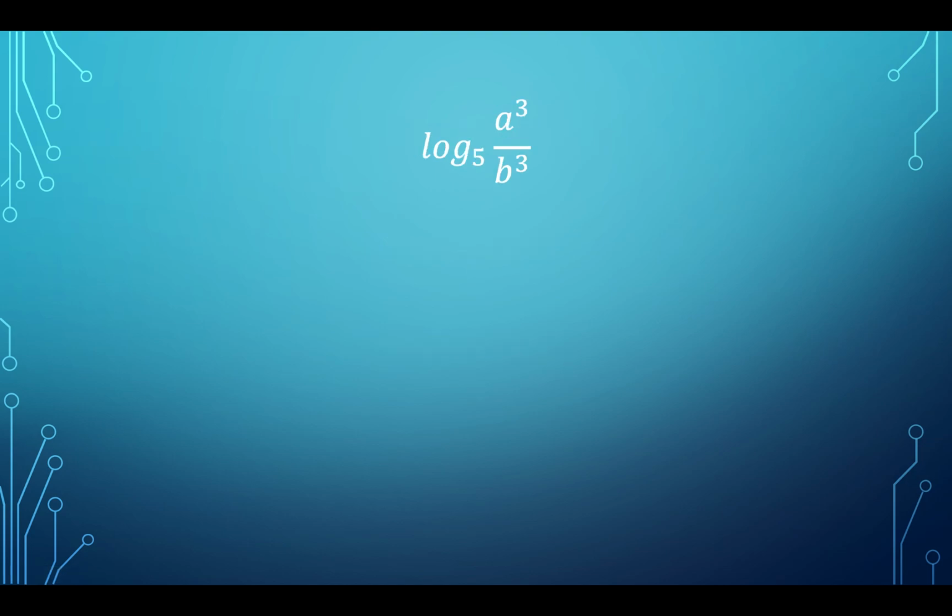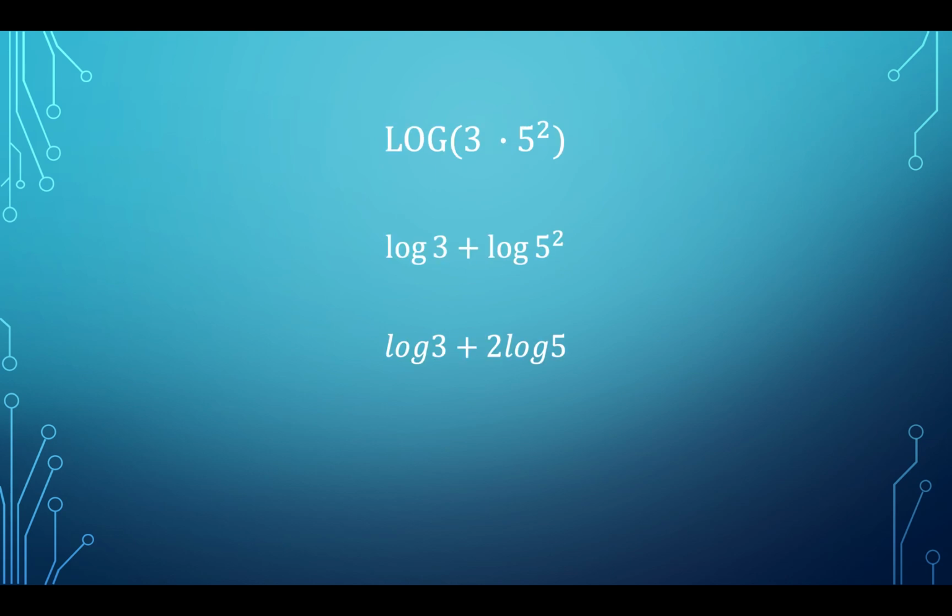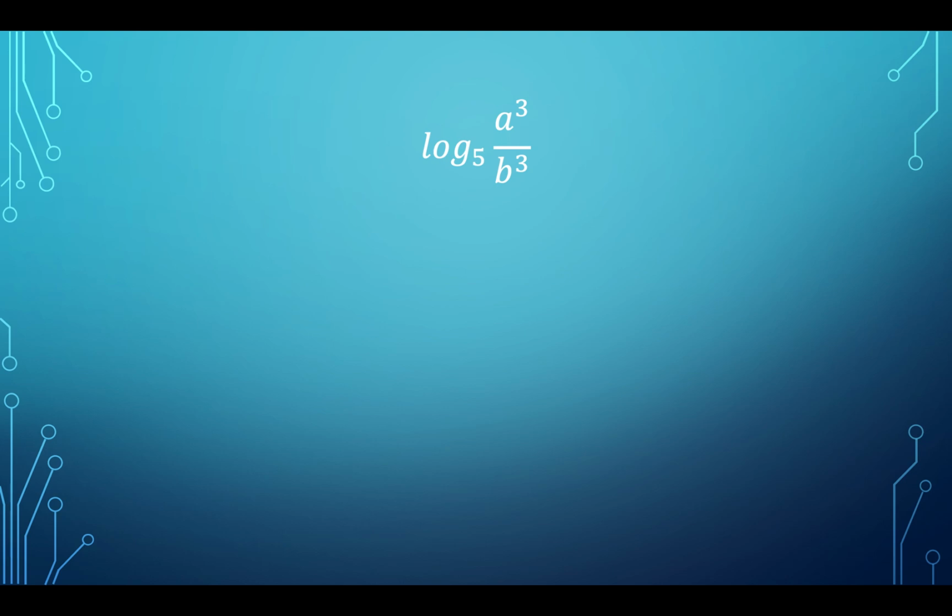How about this one? We have log base 5 of a to the third over b to the third. Okay, now what did I do? All I gave you here is a base of 5. Just carry that base of 5 whenever you write log. Now instead of just rewriting log like you did in these problems, you're going to rewrite log base 5 every single time. Division means what? It means subtraction.